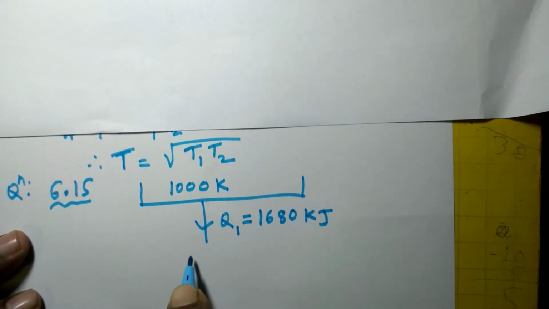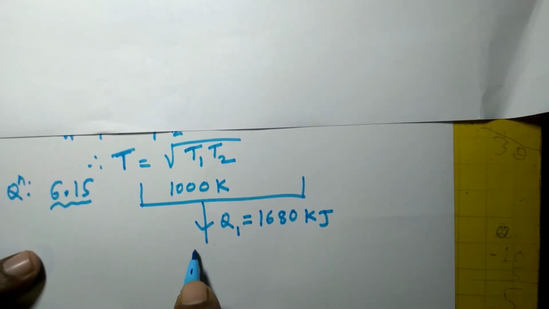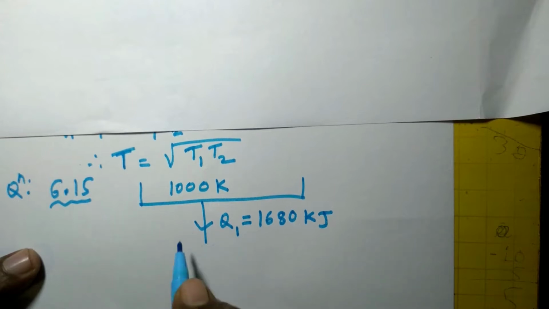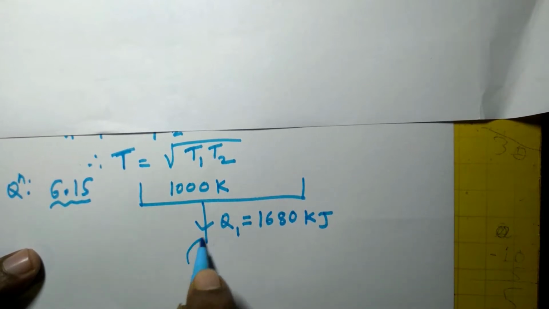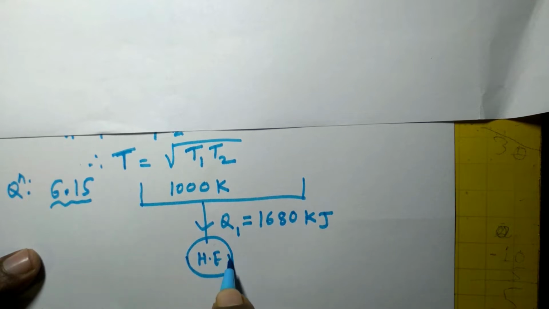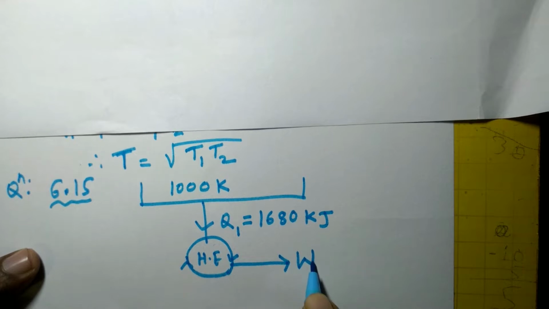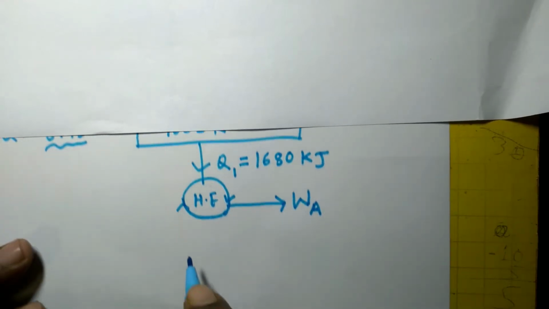It's supplied to the engine A, and it is supplied at 1000 Kelvin temperature. Suppose WA is the work output of engine A.